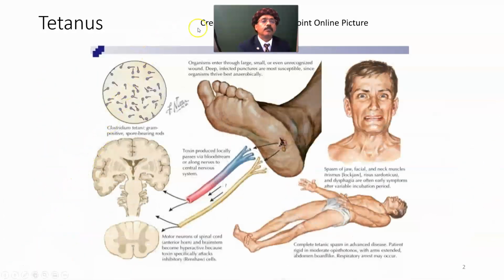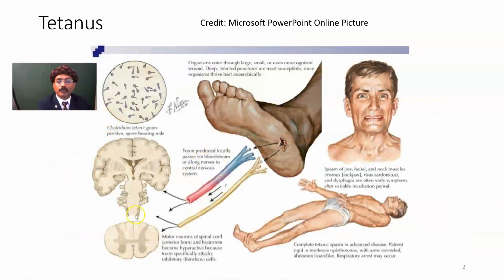If you look at the picture, taken from Microsoft PowerPoint online and drawn by Dr. Netter, we are seeing a penetrating wound. It is most likely contaminated with soil, and in the anaerobic environment this organism, Clostridium tetani, a gram-positive spore-bearing rod, will germinate, and go through the nerve axons or blood vessels to the spinal cord, brain stem, and brain.